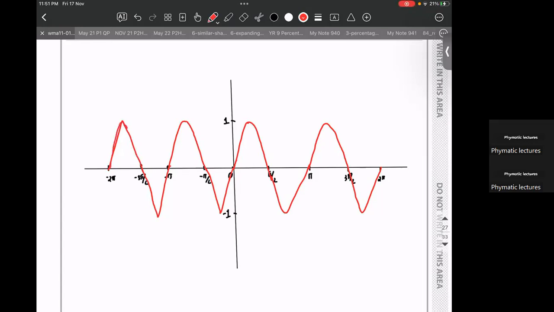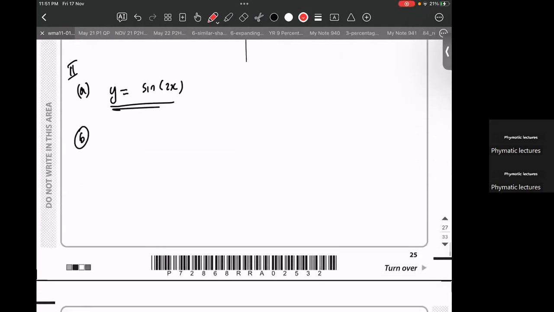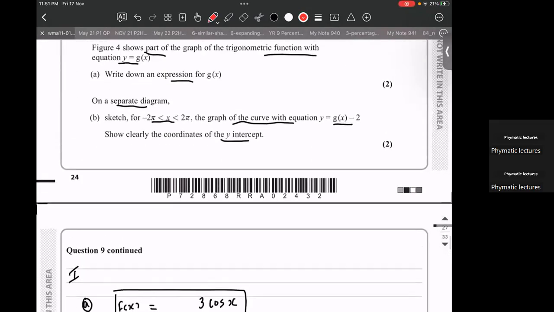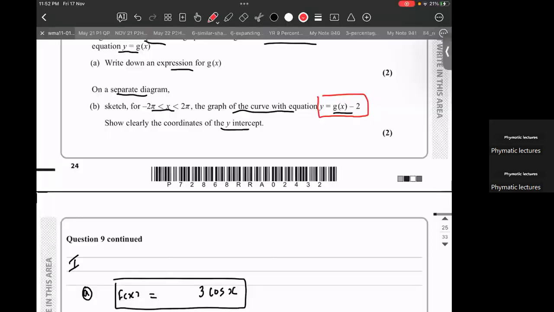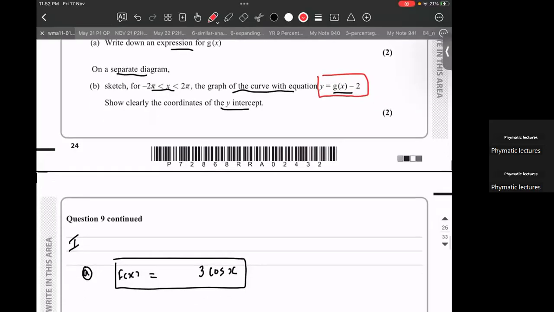This is the given function. So we need to translate this by y is equal to g of x minus 2. So it means that it is a vertical translation because the equation is y is equal to g of x minus 2.